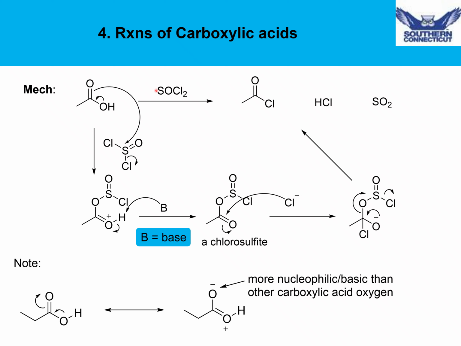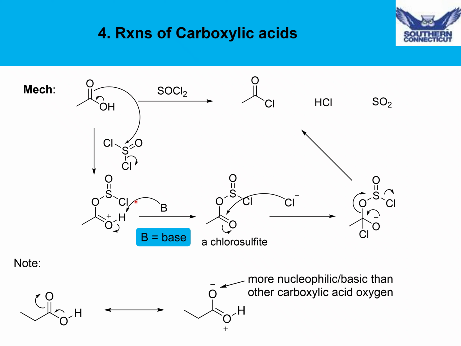Now the mechanism starts off with the oxygen of the hydroxyl group pushing electrons towards the carbonyl, and then the oxygen of the carbonyl will attack the sulfur, eliminate the chlorine, and form a bond between the oxygen and sulfur. We have this protonated carbonyl now on this side of the molecule.